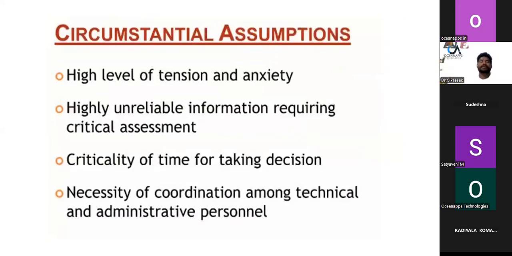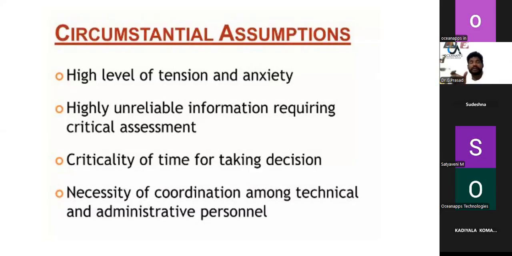Circumstantial assumptions means the circumstances around us, the situations near the company. If it is a big fire accident, then we have to evacuate all the people in the surrounding area. If one incident happens in one particular block or building, the fire or the incident should not go to the neighboring department or building.